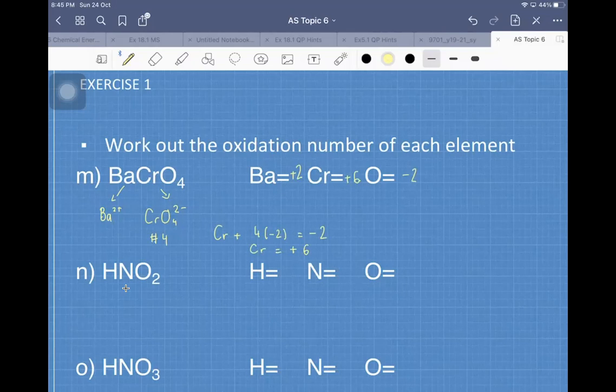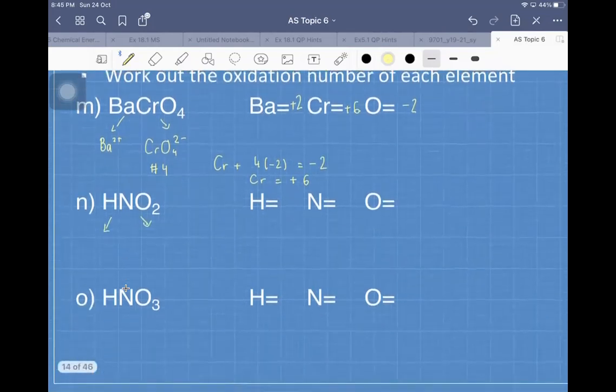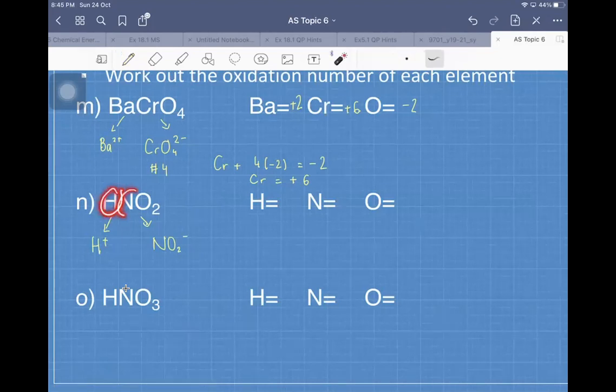HNO2 is an acid. Not sure if that is familiar to you. An acid can be broken down into ions, H+ and NO2-. So it's best that you work with 2 elements at a time. It's easier than working with 3 elements, hydrogen, nitrogen, and oxygen. Hydrogen can be eliminated because, following rule number 7, hydrogen is always +1.